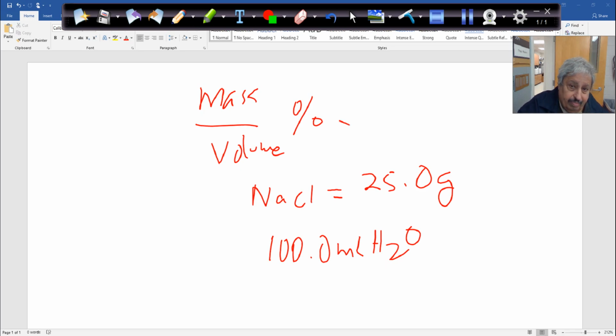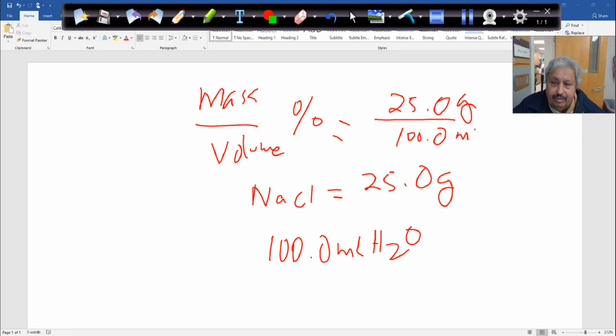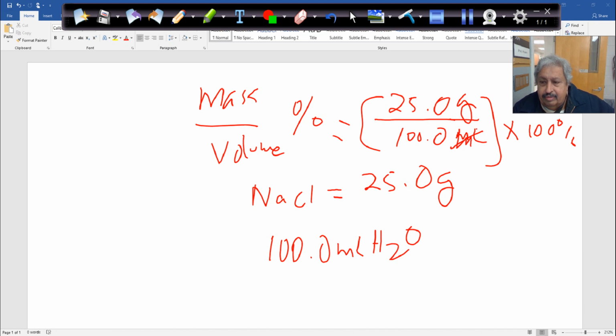So for mass over volume, mass of the solute is 25 gram, and the solvent is 100 ml, and the whole thing multiplied by 100%. The unit is gram per ml. So 25 over 100 multiplied by 100 is 25.0 gram per ml percentage. Okay, guys.